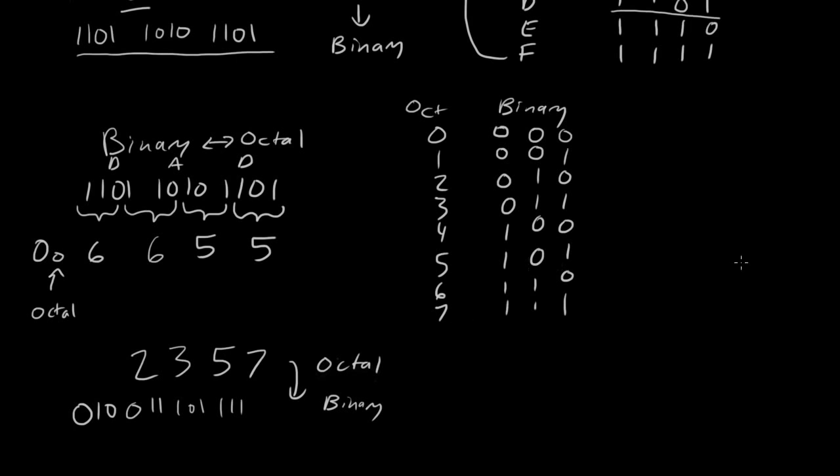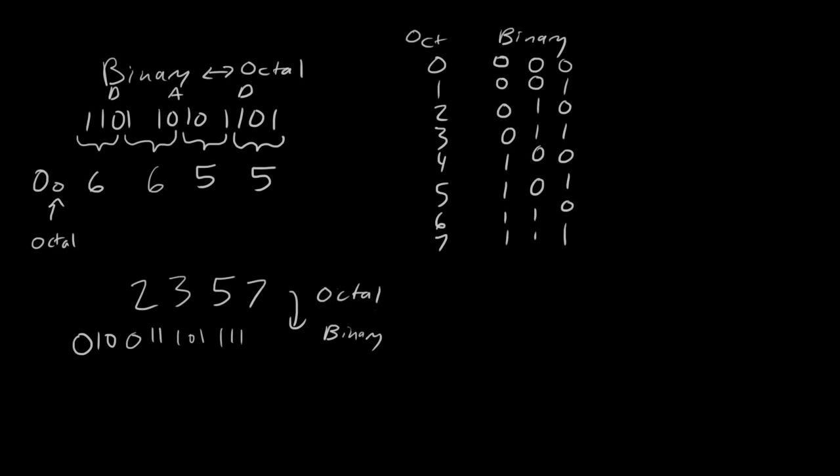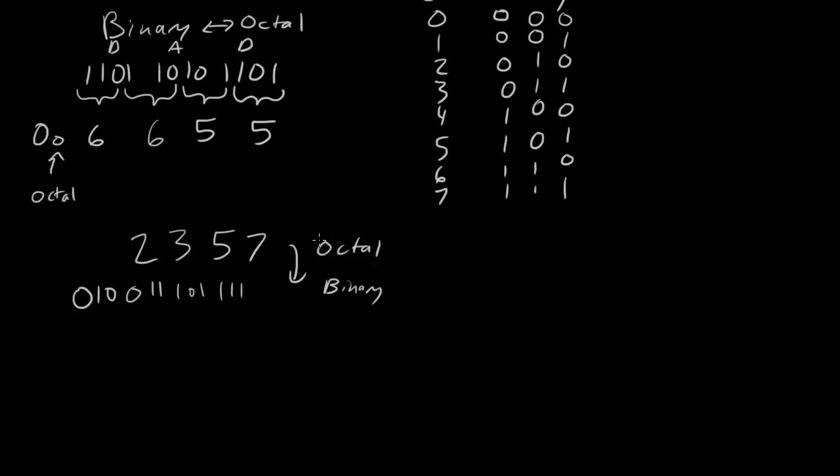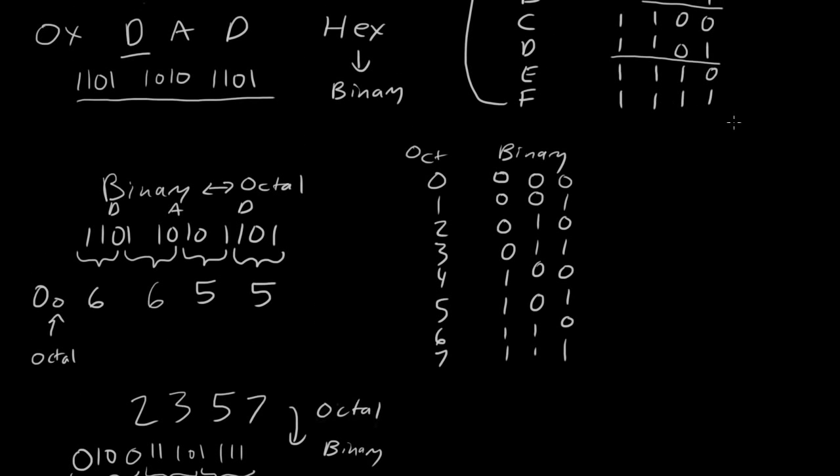Suppose what I want to do now is convert this into hex. So I would look at this 4 bits at a time. Now I don't have my table in front of me, so this is going to be a little more challenging. So 1, 2, 3, 4. I happen to know this is going to be F, because it's all ones. If I go back to my table over here, F is all ones.